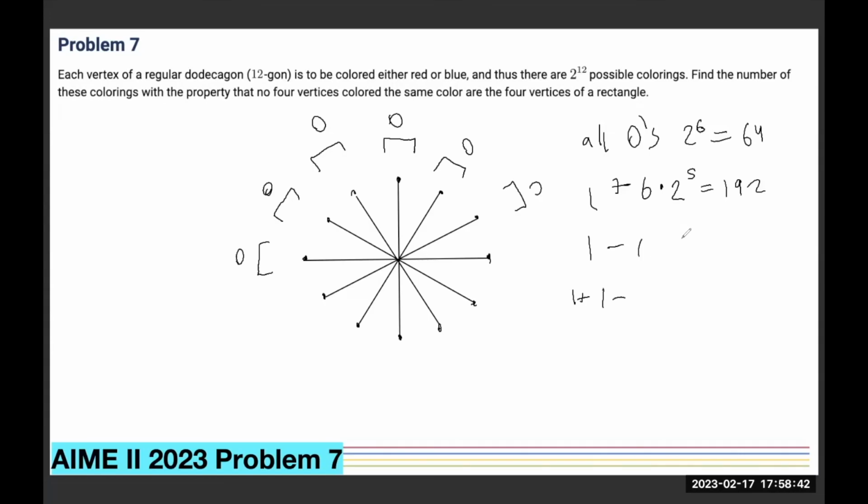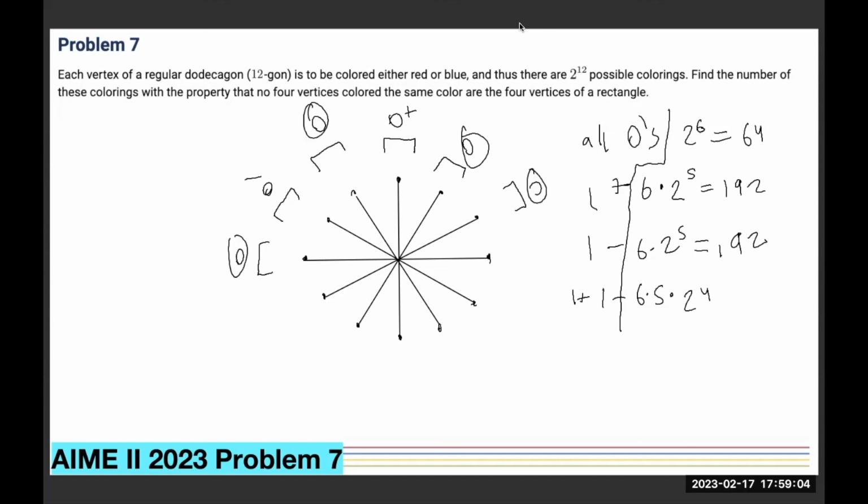And using the exact same logic, 6 times 2 to the 5th is 192. And then the final case, plus and minus, we decide some place to choose a plus, some place to choose a minus. That's clearly 6 times 5. And then finally, it's just 2 to the 4, because each of the zeros we have remaining has 2 ways to do it. And that gives us 30 times 16, which is a total of 480.